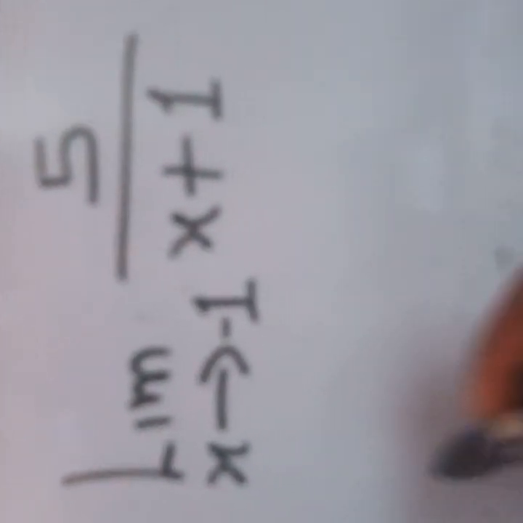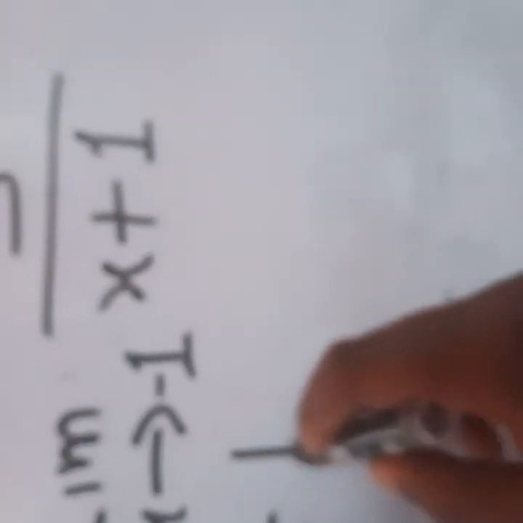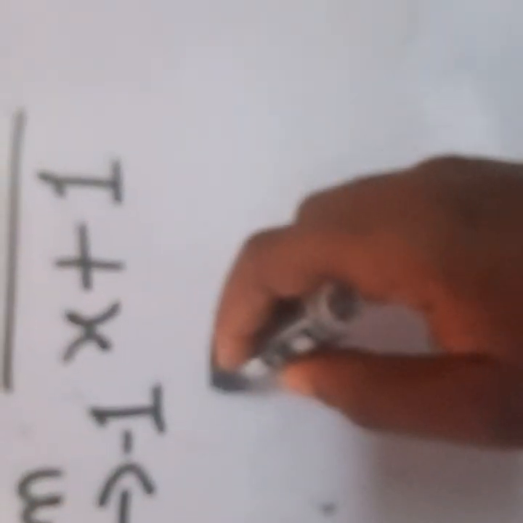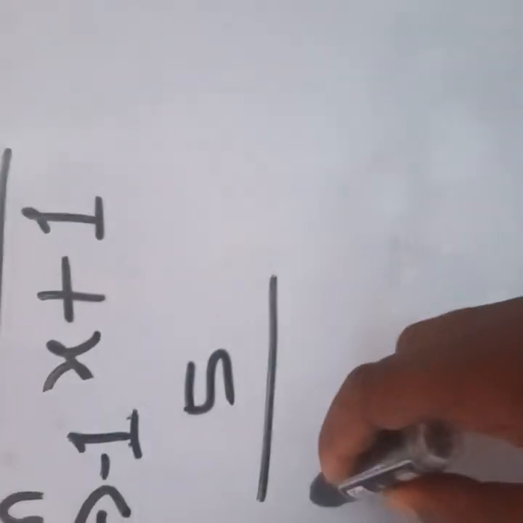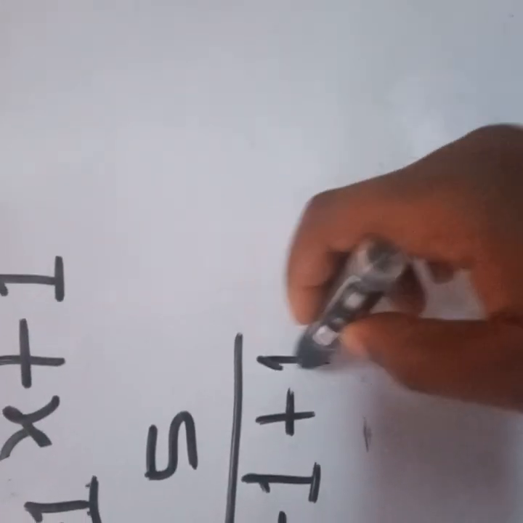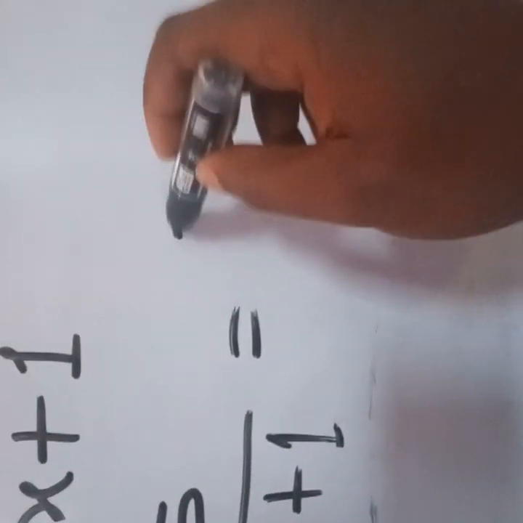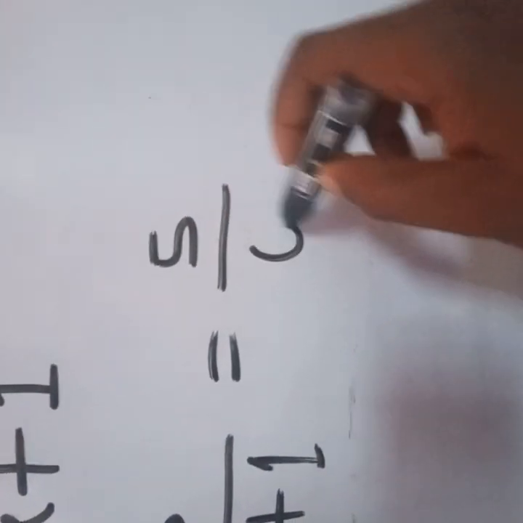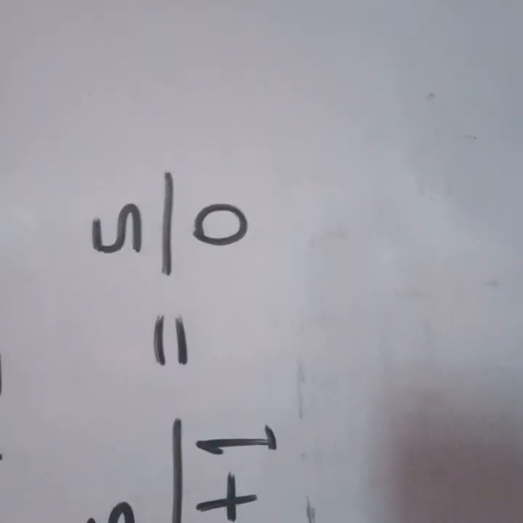For the second example, when we substitute for x, we have 5 over negative 1 plus 1, and this will be equal to 5 upon 0.